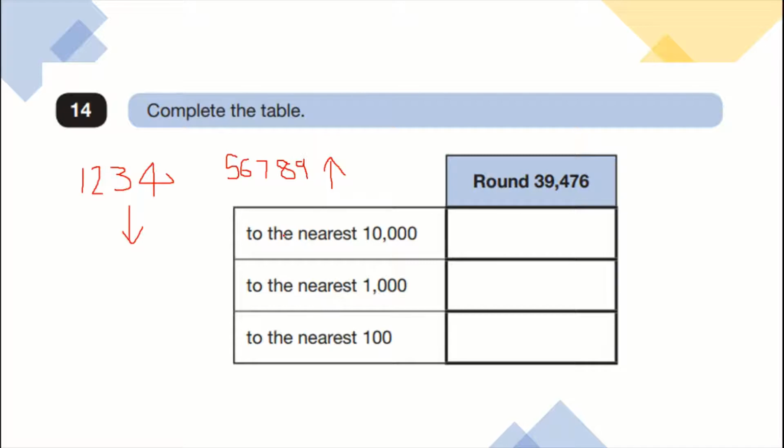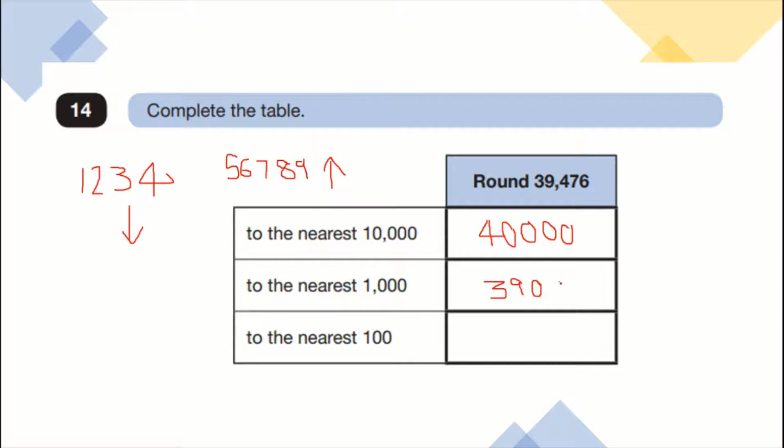Now we're rounding to the nearest 10,000, so we look at the digit next to it, which is the 1000s column, and that's a 9, so we're going to be rounding up. So the answer would be 40,000. Now we're rounding to the nearest 1000, so we look at the hundreds column, which is a 4, so we're rounding down.